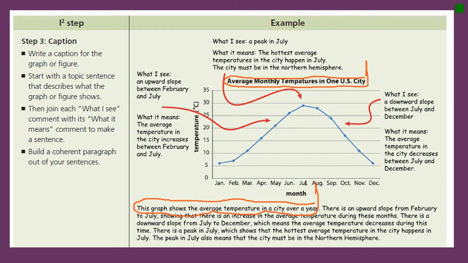The very title is the very first sentence. Then we pick apart what's happening. We talk about, what did you see? You saw that upward slope. You saw the downward slope. And you saw the peak. How that flowed from that very first step of identifying is how you summarize it in the caption.